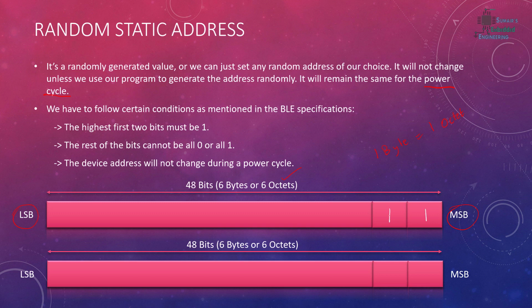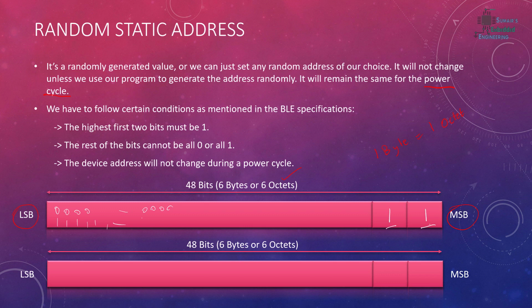The second condition is that the rest of the bits cannot be all 0 or all 1. So they shouldn't be 0 0 0 0 0 up to 48 bits, or 1 1 1 1 1 across the 46 remaining bits, because the first 2 bits are 1 and 1. This is the second condition that we have to follow.